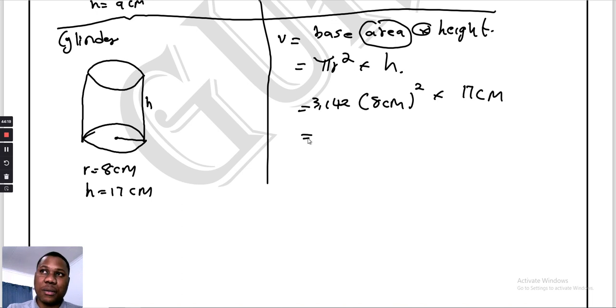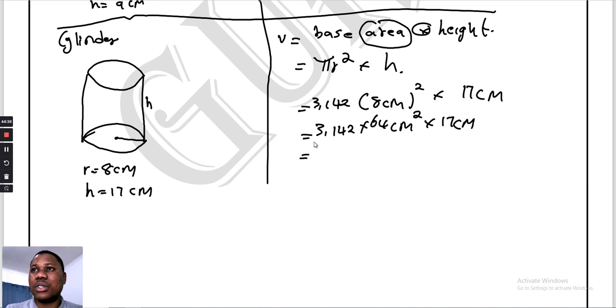That is equal to 3.142 multiplied by 8 multiplied by 8, that is 64 centimeters squared, multiplied by 17 centimeters. 3.142 multiplied by 64 multiplied by 17 is 3418.496 centimeter cubic.